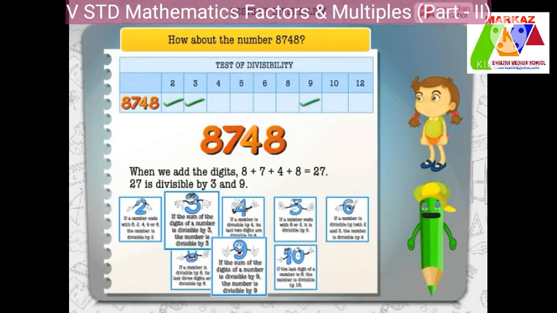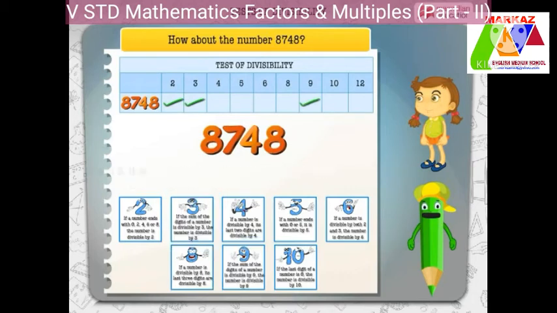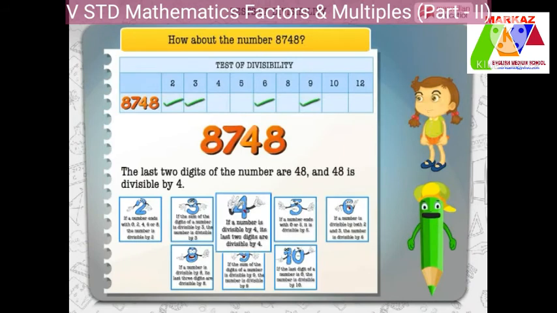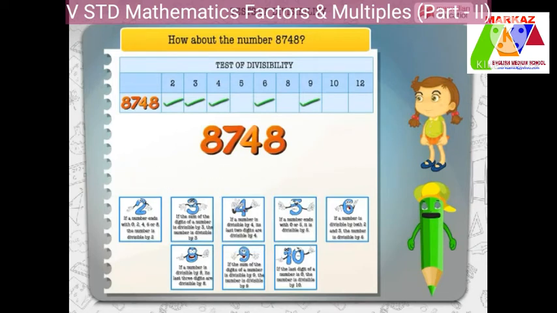27 is divisible by 3 and 9. Since the number is divisible by 2 and 3, it is divisible by 6. The last two digits of the number are 4, 8, and 48 is divisible by 4. 8748 is divisible by 4.